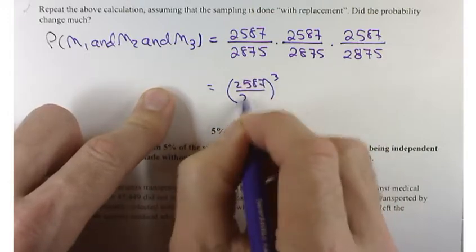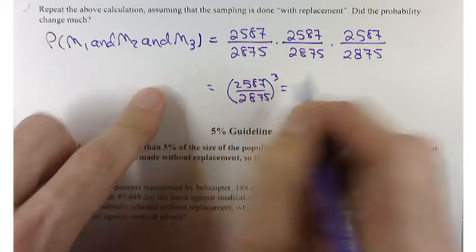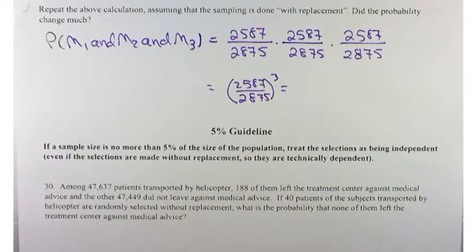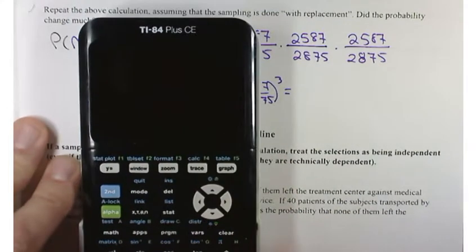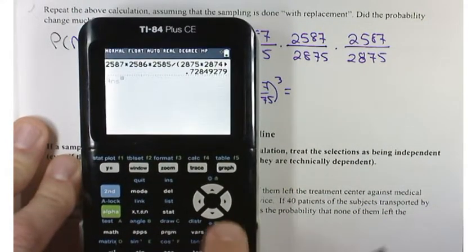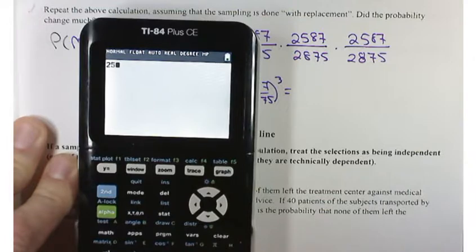2587 over 2875. Which one's an easier calculation for us on our calculators? This one, right? Because all you have to do is put in one number. In fact, here's a nice little trick you can do. Let's calculate the first one, 2587 divided by 2875.